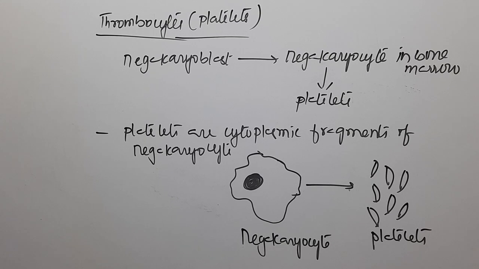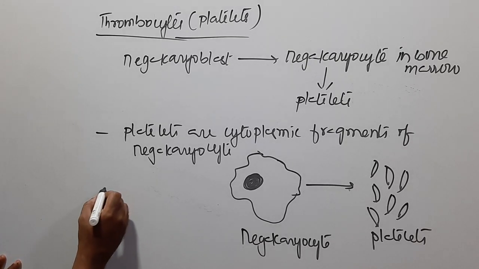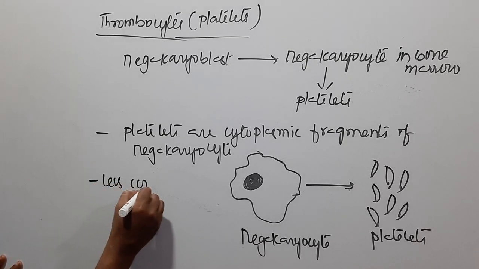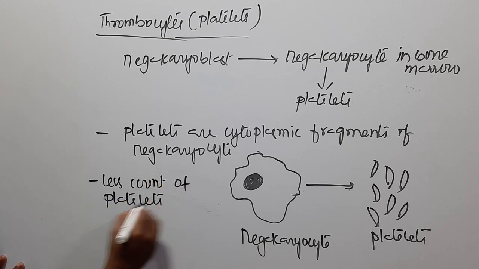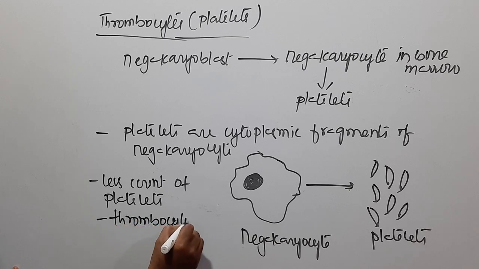Then the less count of platelets is a condition we call thrombocytopenia. Thrombocytopenia is a condition where there are less number of platelets. There may also be an increase in the platelet count.